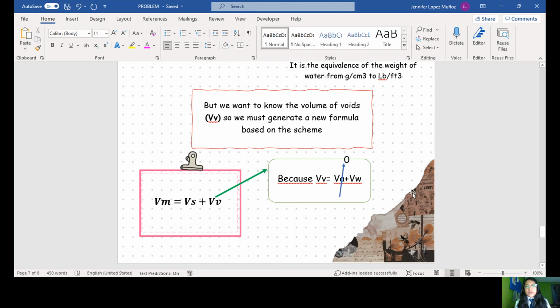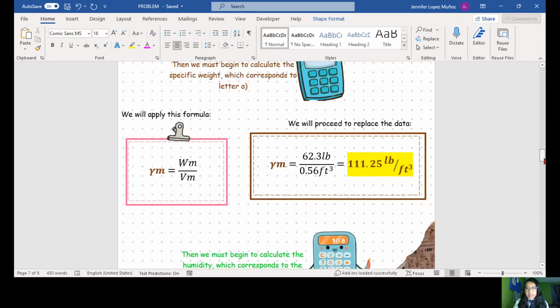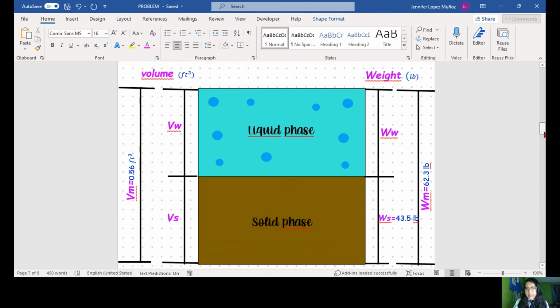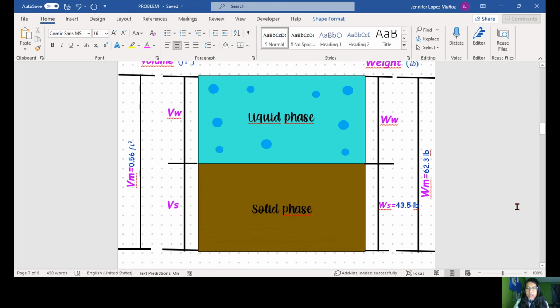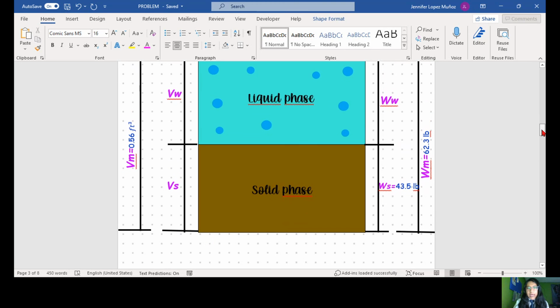But we want to know the volume of voids. This is the representation, so we must generate a new formula based on this picture. I have used one formula.